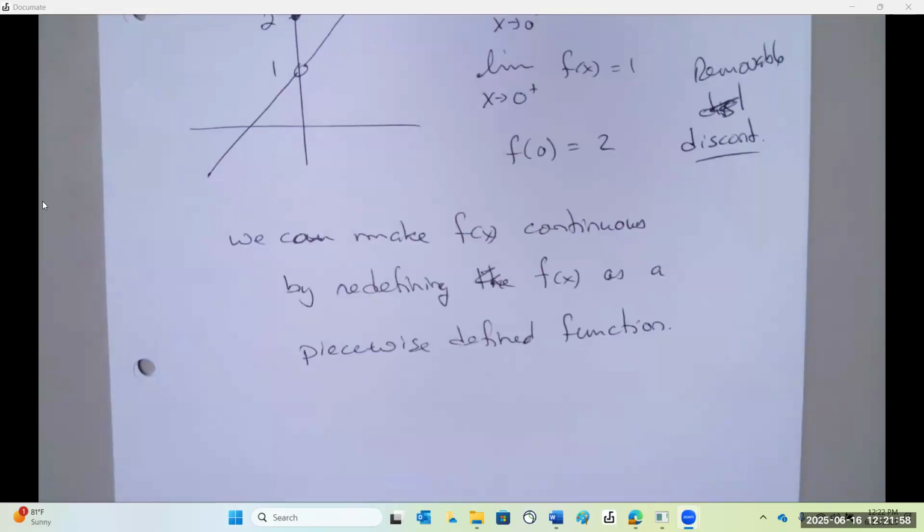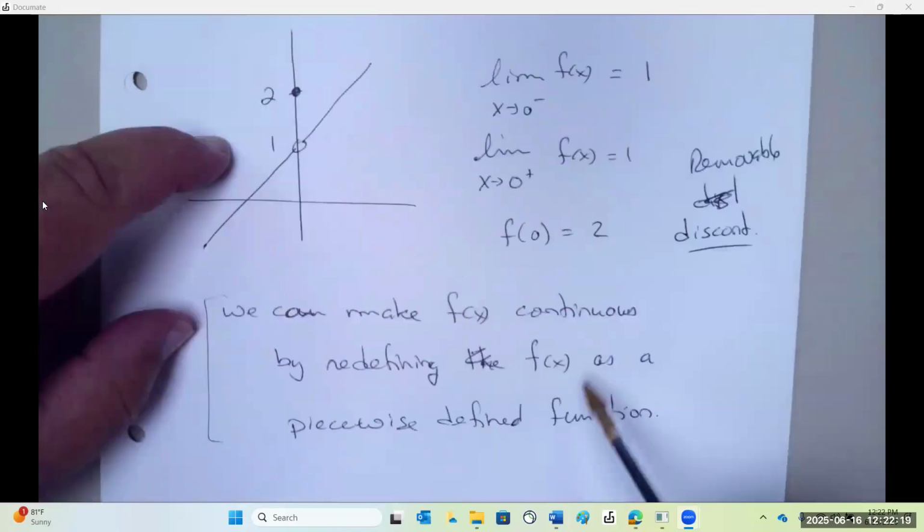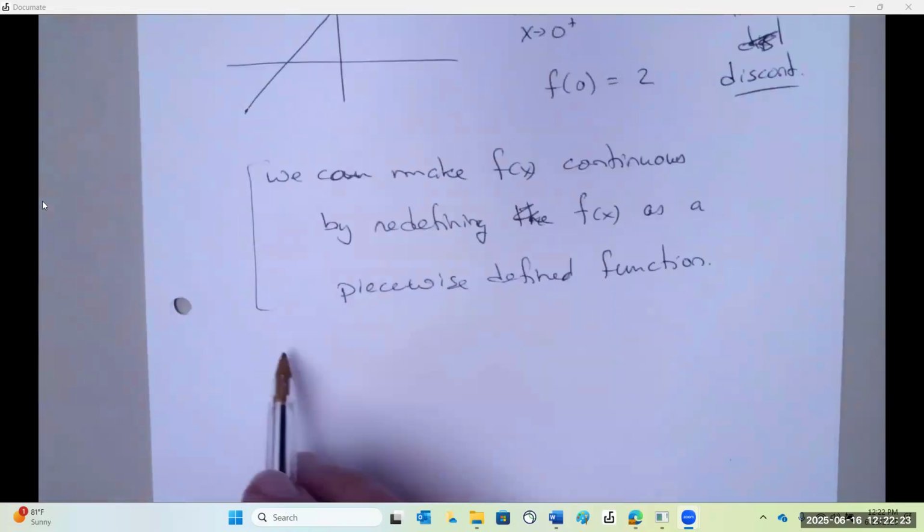Remember what a piecewise defined function was? Well, okay, we'll get that in a second. So we can fix that one. We can fix this type, removable discontinuity.